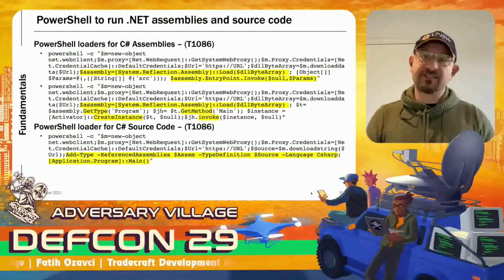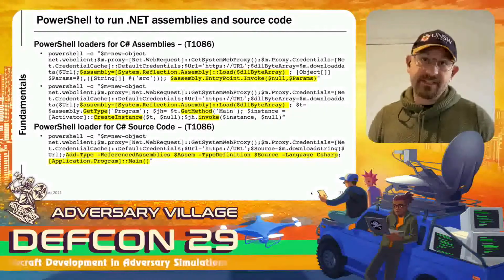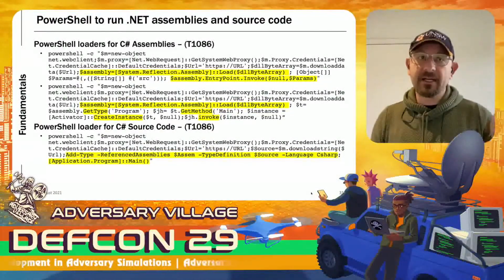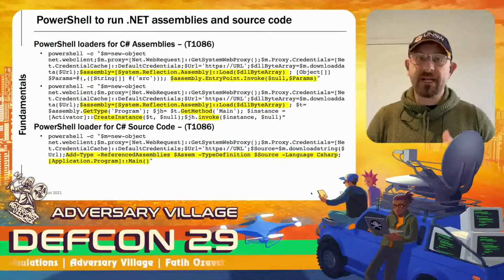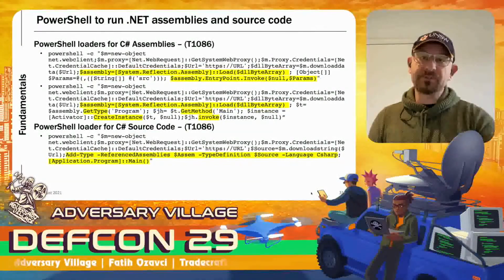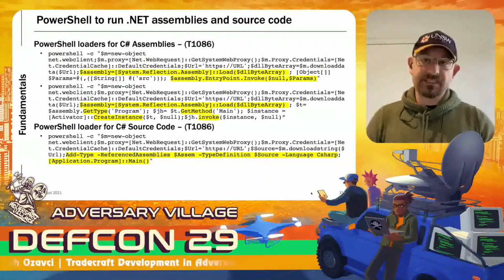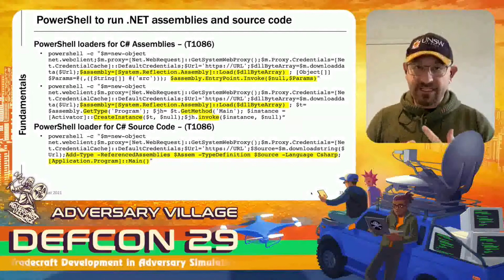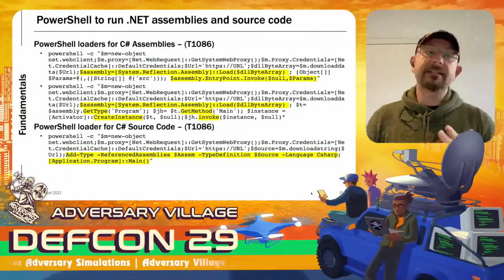If the implant works just like that, we need a starter. That's why we use PowerShell, and it can be called a dropper as well. What we do is simply download the DLL from remote and, for example, use System.Reflection to run it. Or we can download the source code, the CS file, and use Add-Type and required assemblies if there are any, and then run it.